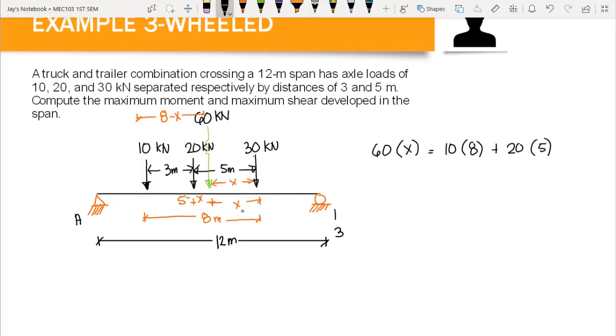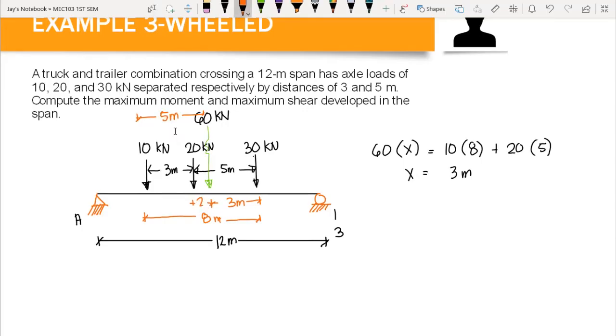That's the distance of 20 from 30 kilonewton. So we have the value of our x here, which is equal to 3 meters. So therefore, this distance here is 3 meters. And the distance between 60 and 20 is 5 minus 3, this one is 2 meters. And the distance between 60 and 10 is 8 minus x, or 8 minus 3. This gives us 5 meters.